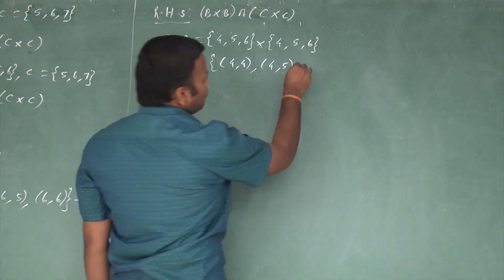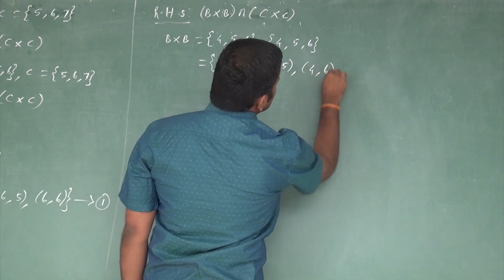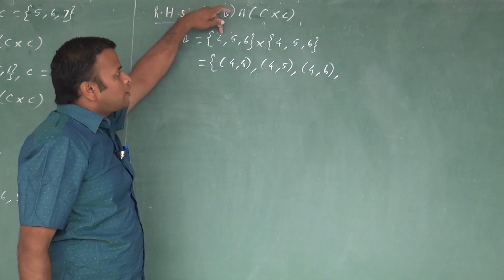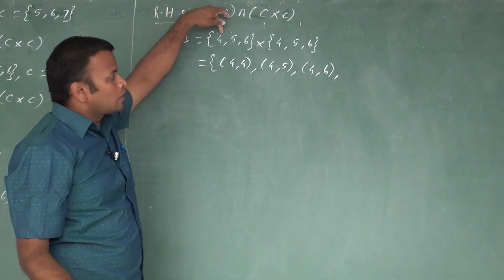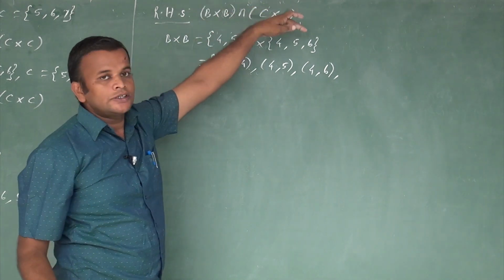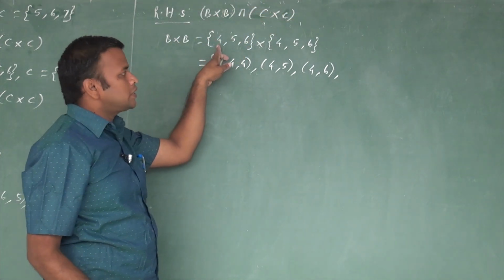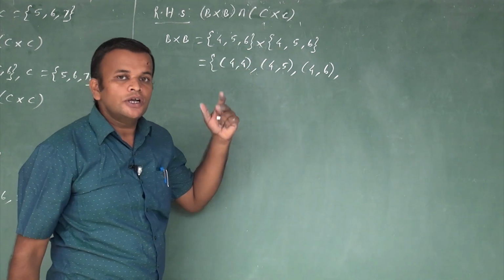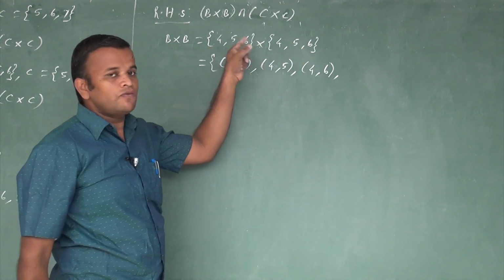Next 4 comma 6. That is, in the first set the first number you don't change, and we change the elements in the second set.